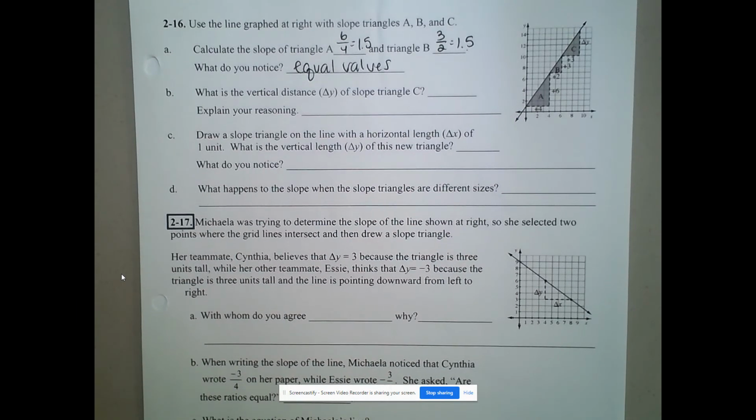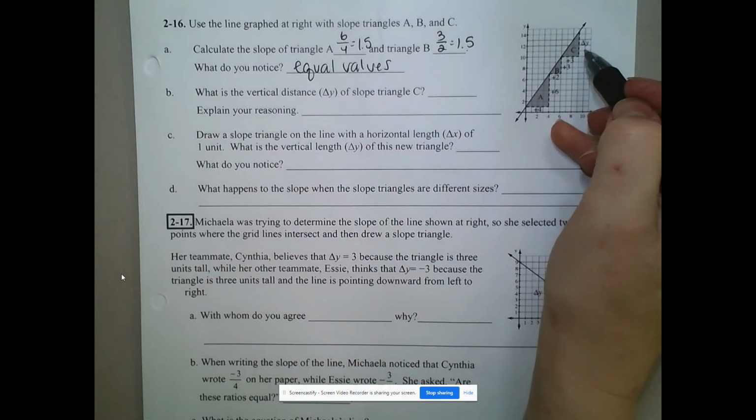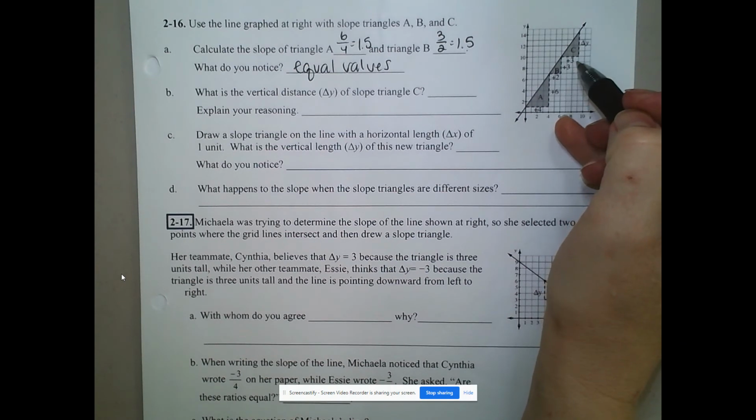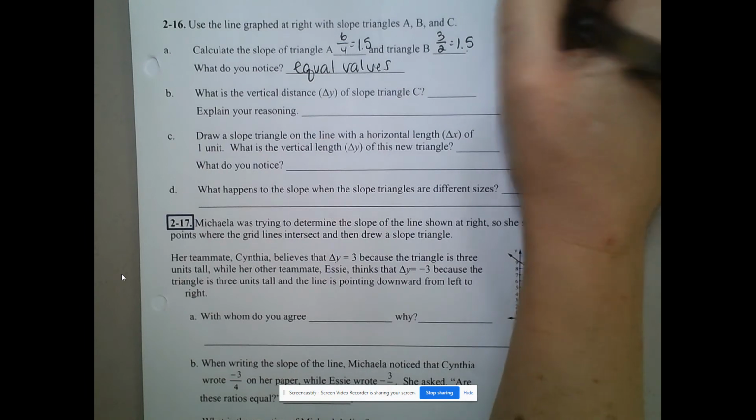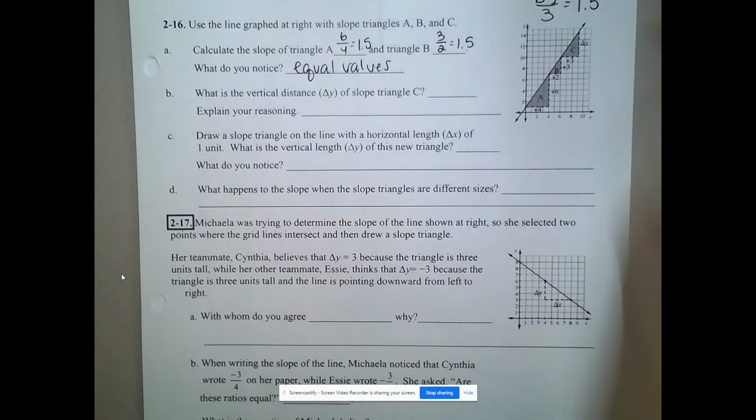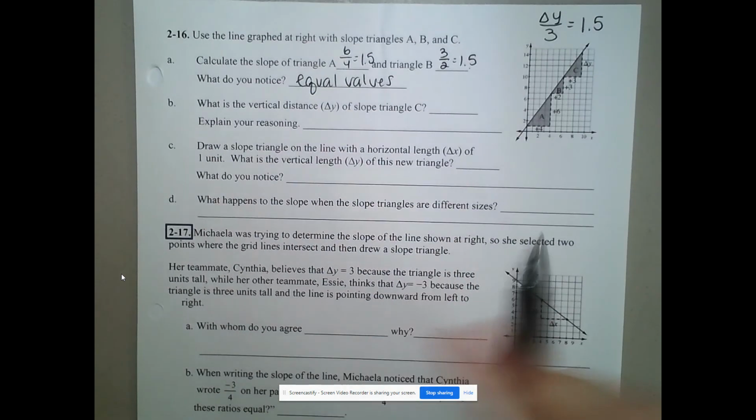So what is the vertical distance, delta y, for slope triangle C? It's got to be something over 3 that would still give us a value of 1.5. So delta y over 3 still has to give us a result of 1.5. Now, I can do the inverse of this, right?